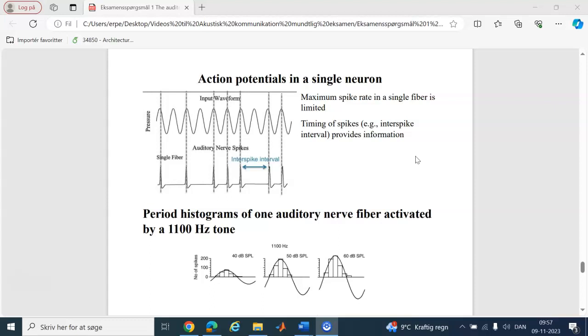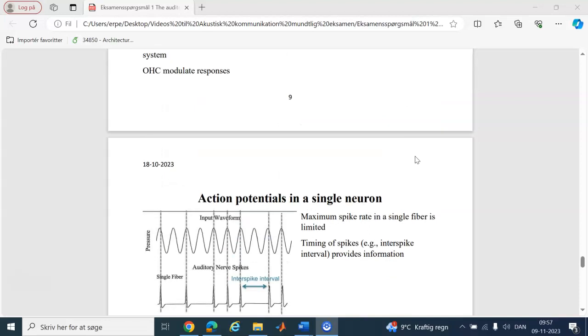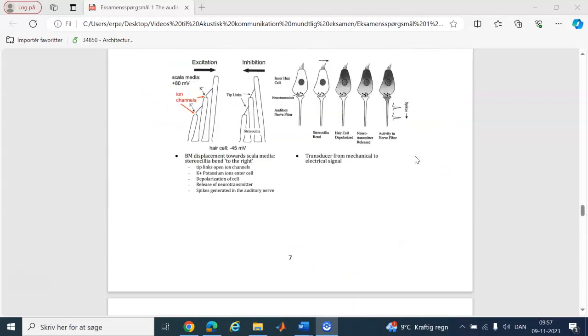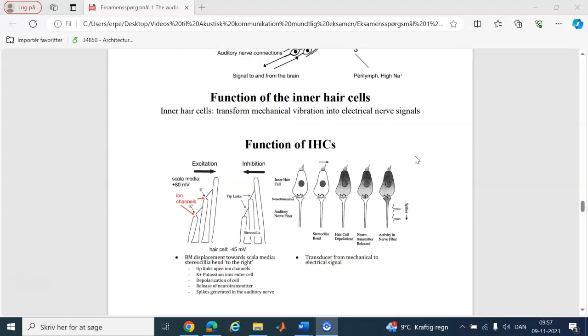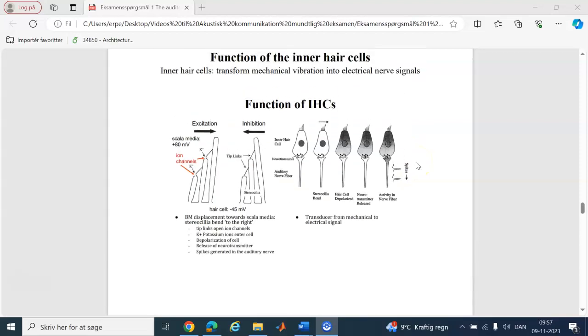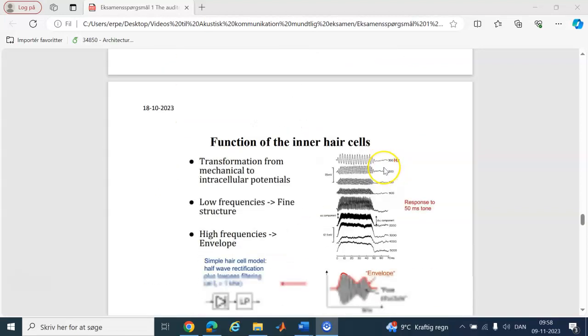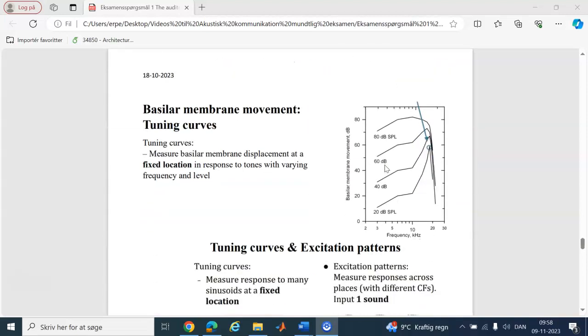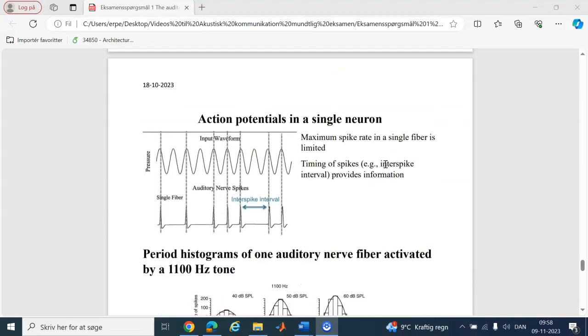Remember that inner hair cells are a kind of rectifier. When the stereocilia are bent to the right, electric signal spikes are activated, but when they are bent to the left or upright, there is no activation.